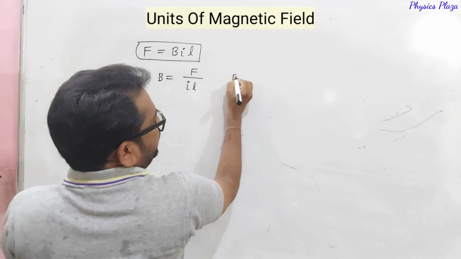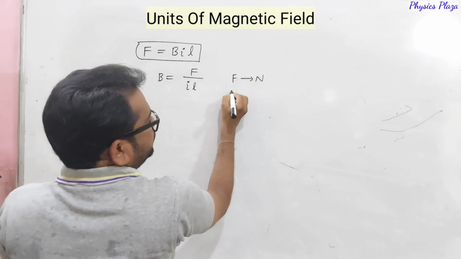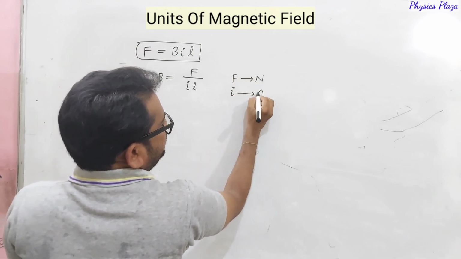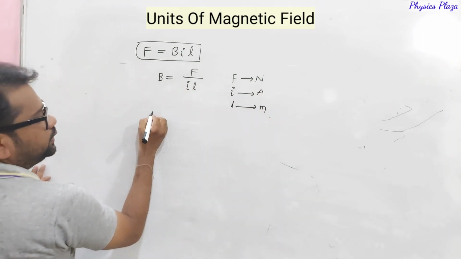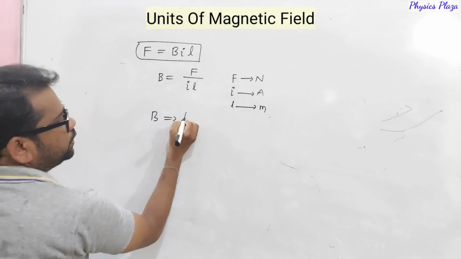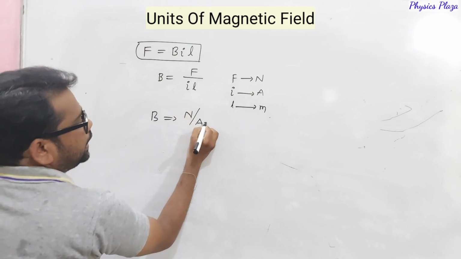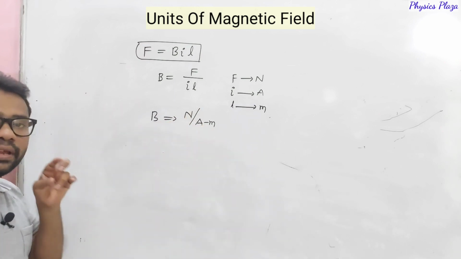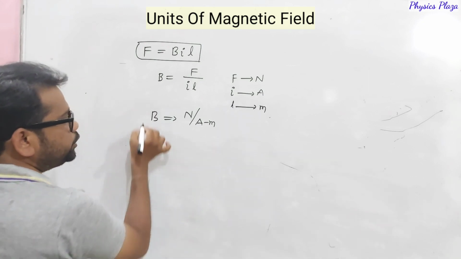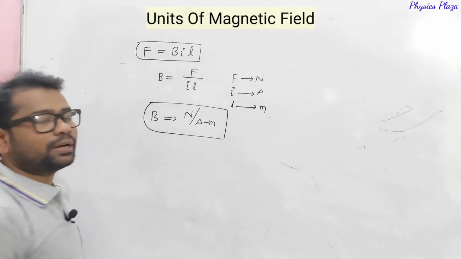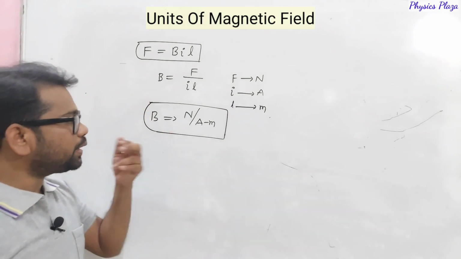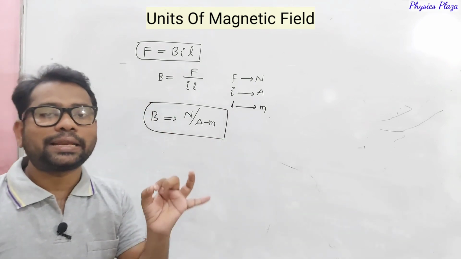Children, we know that F is measured in Newton, current is measured in ampere, length is measured in meter. Now let us write for B. Then for B, the units are Newton per ampere meter. Children, very important: what are the units of magnetic field? Newton per ampere meter.